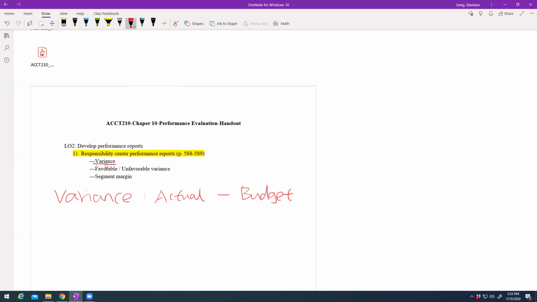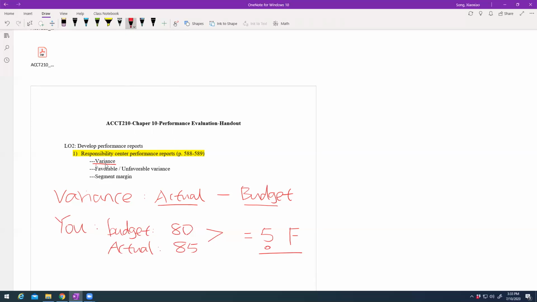As I mentioned, think about yourself as the example. Your budget is, you thought you would get 80 points on the exam, but your actual, you got 85. So you are doing better than the budget. Your variance will be 5, and your actual is doing better than budget, so we call it 5 favorable.